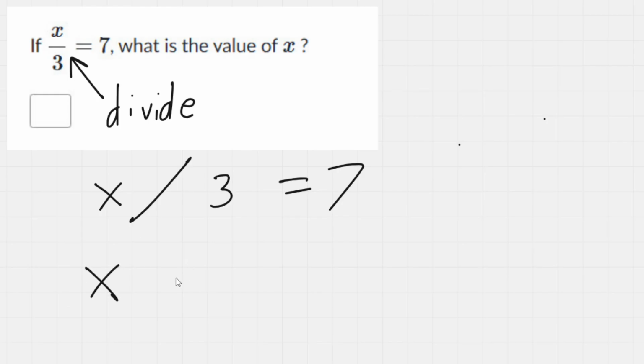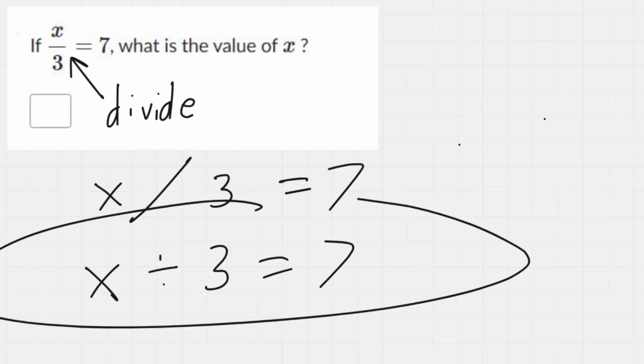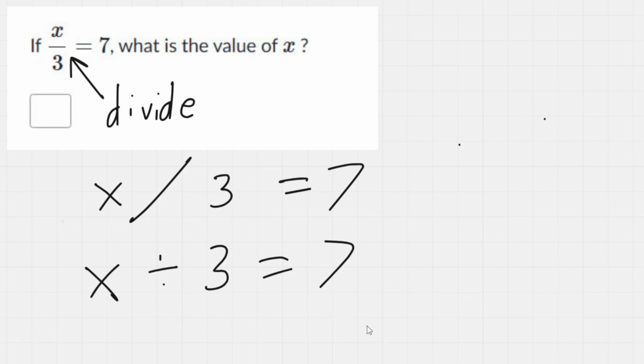So I can easily just say x divided by 3. If this fraction already makes sense to you, that's amazing. If it didn't make sense to you and this part makes sense to you, amazing. Do whatever works for you. What is most accessible for you to acknowledge is always going to be what I recommend.